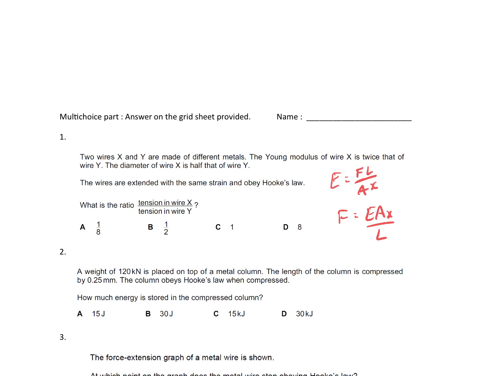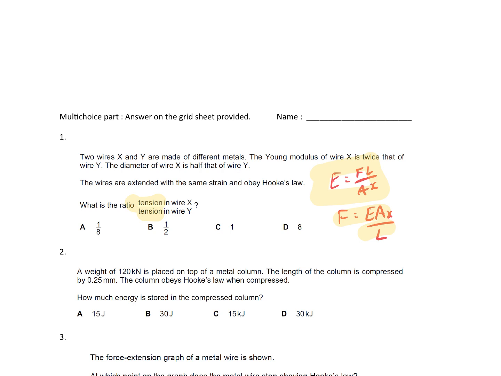Question 1 wasn't answered too well. I've started by just writing out the equation that you need to learn for E, Young's modulus. It's equal to stress, which is F over A, divided by strain, so you get that equation. Rearranged for F, because F is tension, is a useful way to have that equation. Now let's just compare the two. Let's start with y at x.